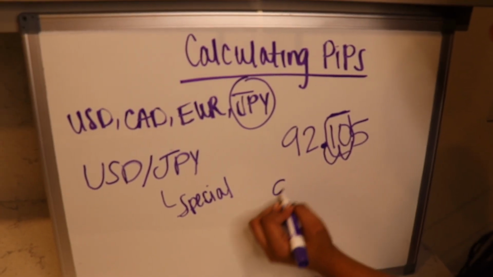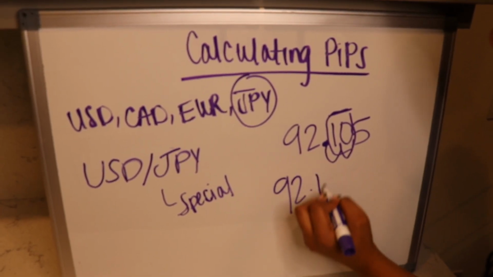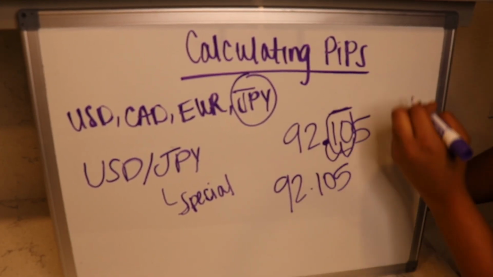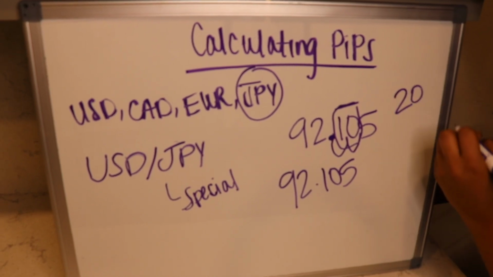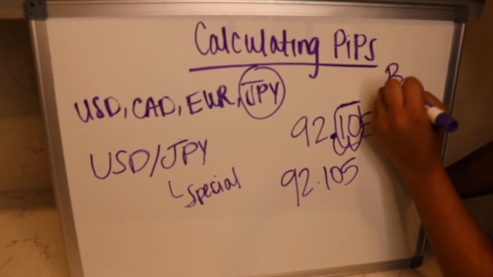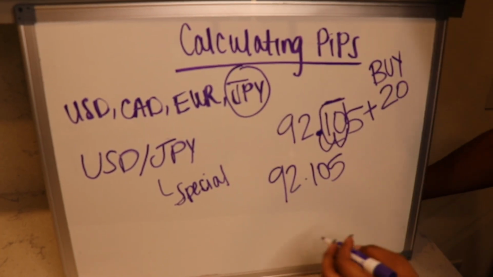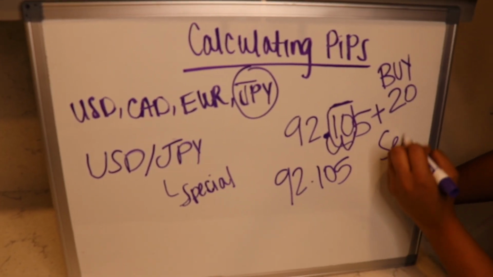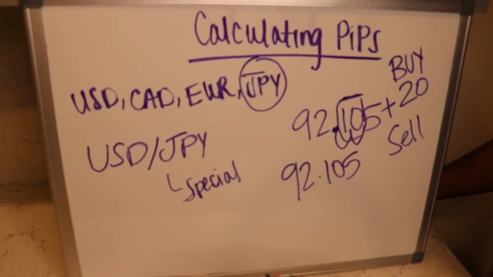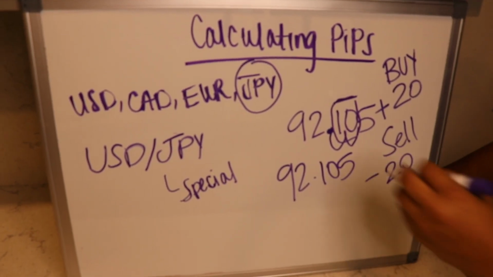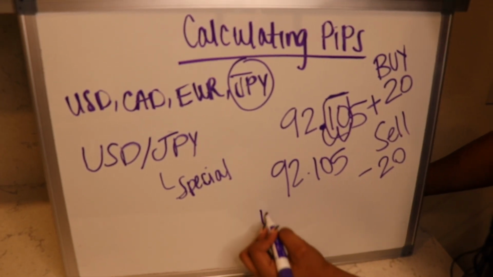Let me write that out again, 92.105. I want to earn at least 20 pips, and I'm going into the market for a buy. Remember, buys is plus, sales is what? Minus.